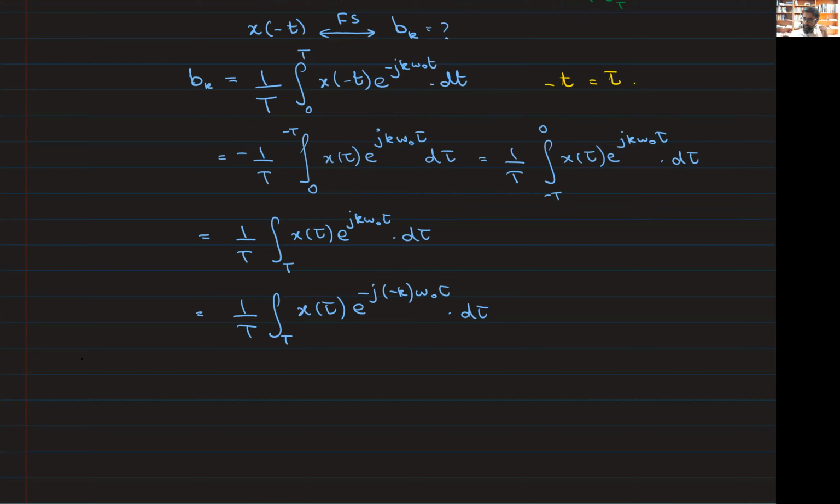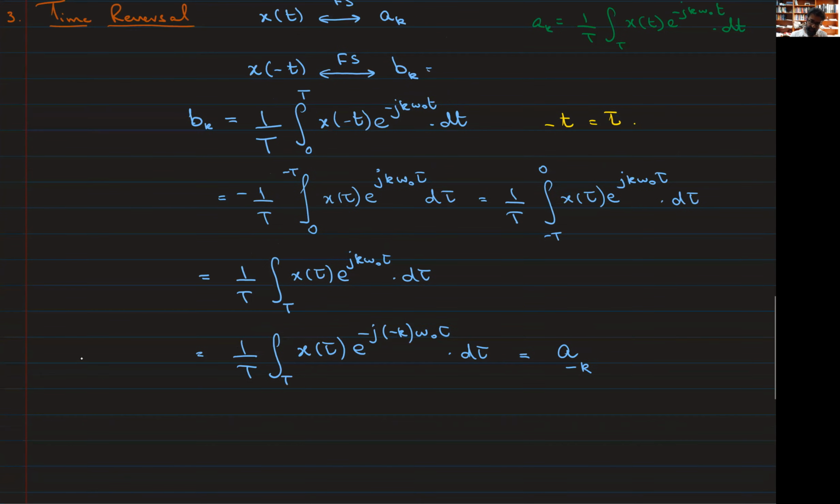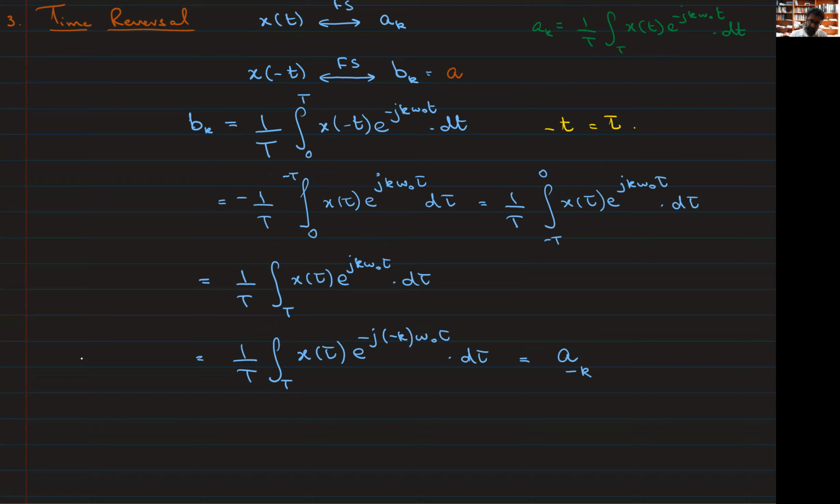And therefore this is actually equal to a of minus k. So this b_k here, which is for x of minus t, is related to the original Fourier series coefficients as a of minus k.